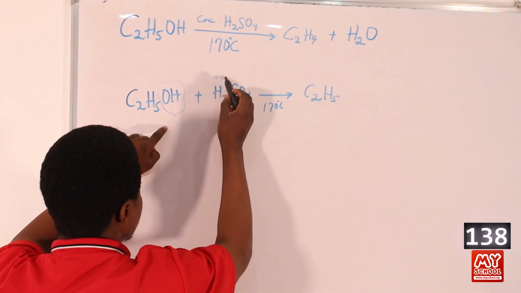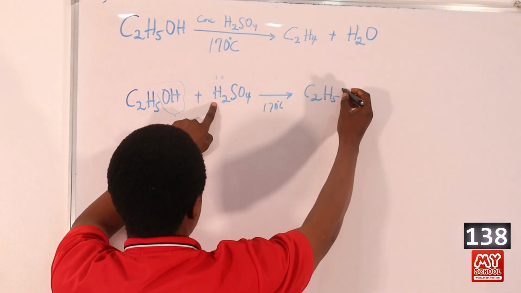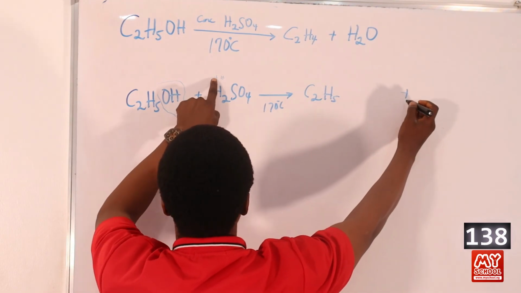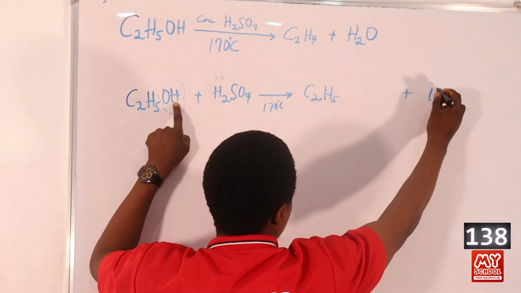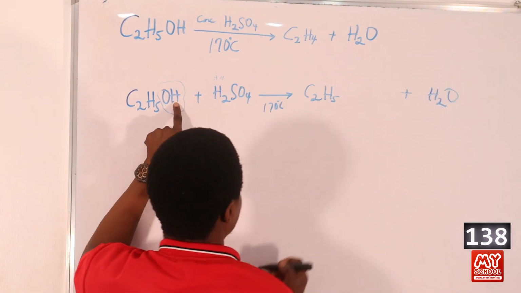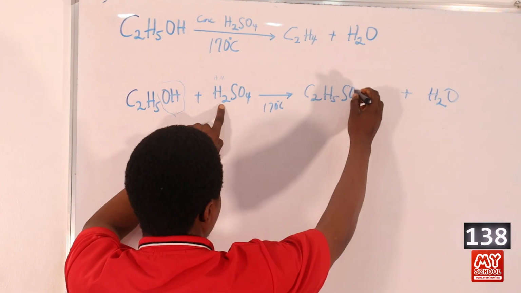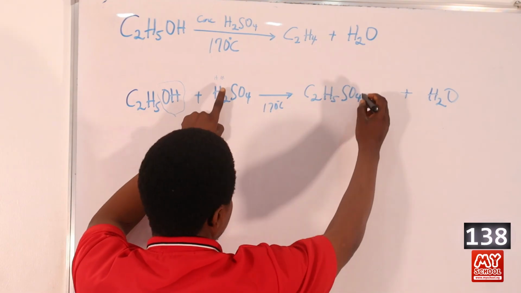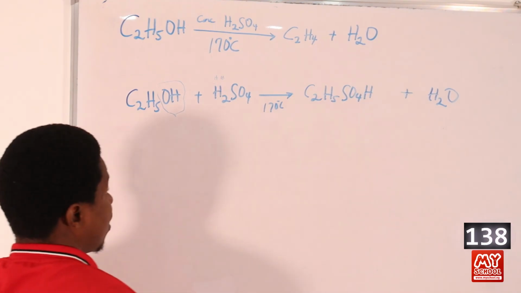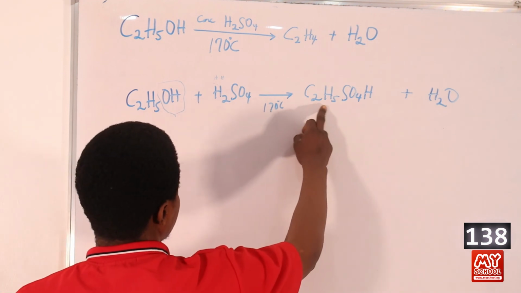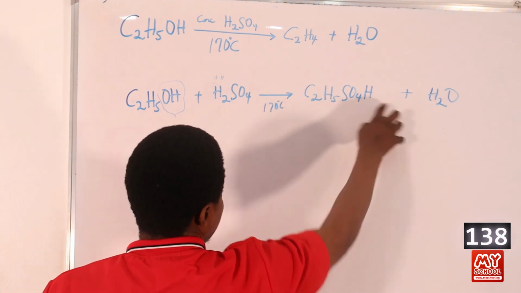No, we have 2 hydrogens here. So to form water, 1 hydrogen with this OH will form water here. So 1 molecule of water has been removed from there, and then we'll be having SO4 with 1 hydrogen that is left here. Okay. So we have that C2H5. This is what is formed first.